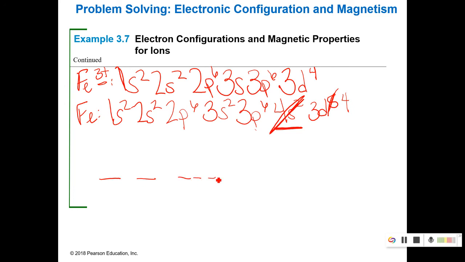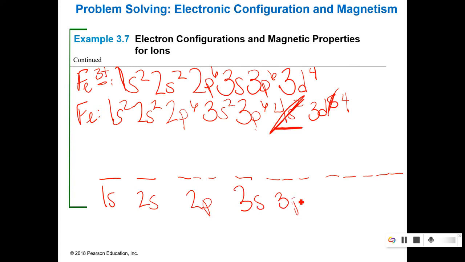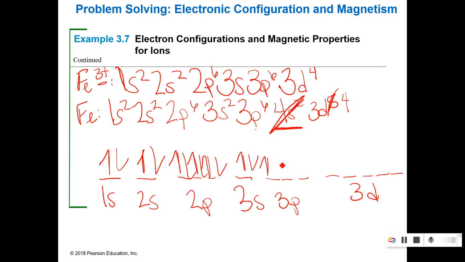Okay, so when I do the orbital diagram, everything is full except the last section, which is normal. Up, up, up, up.